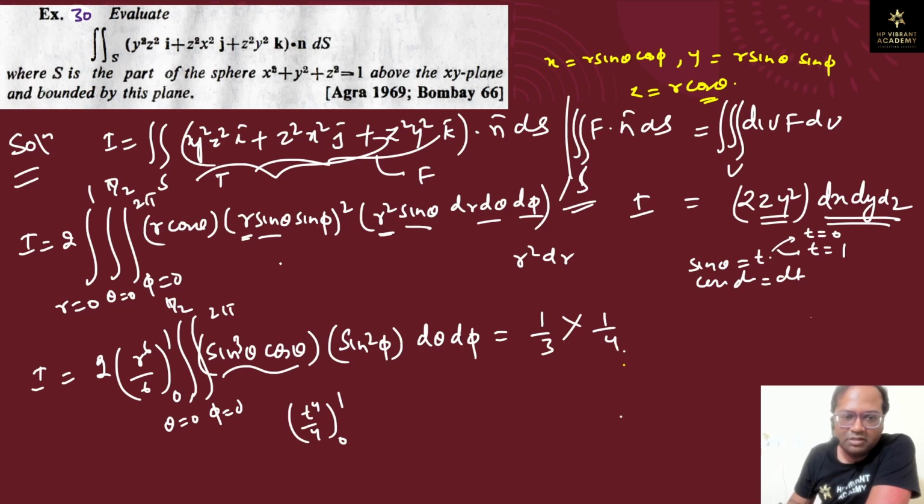We have taken sin theta as t, so cos theta d theta is dt. So this is t cube dt, so t to the power 4 upon 4, limit is 0 to 1. This is 1 upon 4.